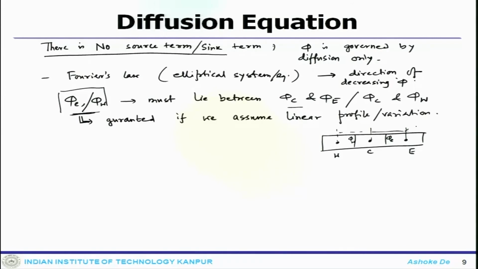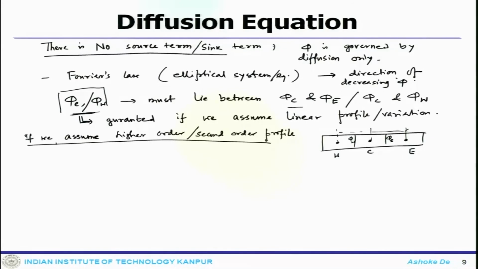But now, for example, if we assume a higher order profile, let us say a second order profile or variation, what would happen? Some sort of a parabolic profile.